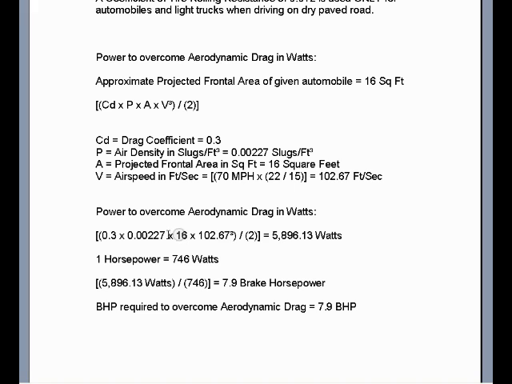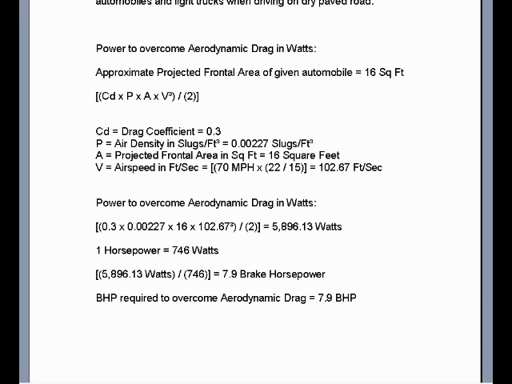This whole quantity is then divided by 2, so 5,896.13 watts of power are needed by the engine to overcome the aerodynamic drag. So we divide that into 746, that translates to almost 8 brake horsepower, 7.9 to be exact.